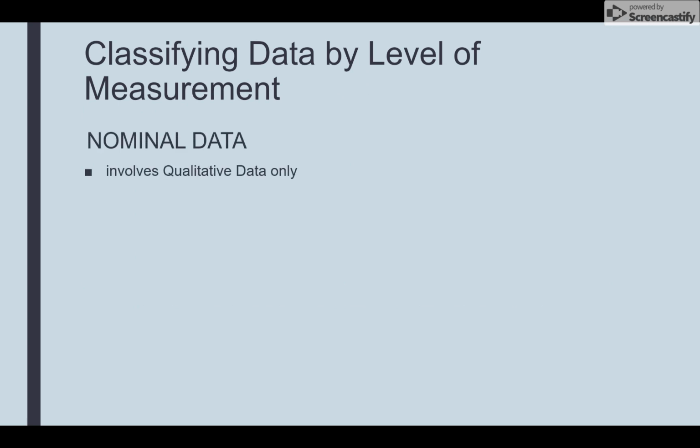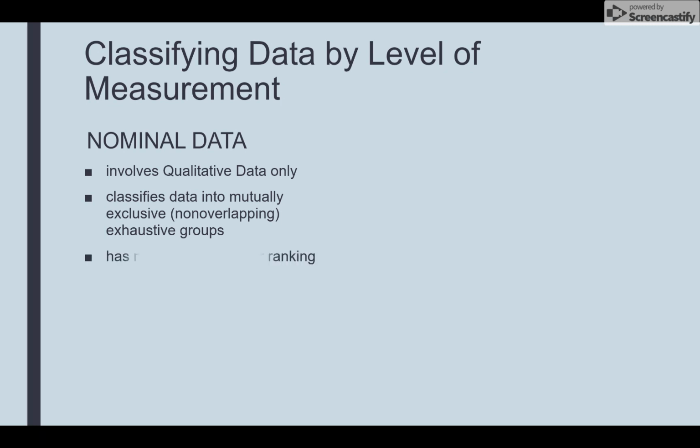Nominal data involves only qualitative data. Remember, qualitative data is words or phrases. It classifies data into mutually exclusive, non-overlapping, exhaustive groups, meaning you have a group for everybody and a person cannot be in more than one group at a time.